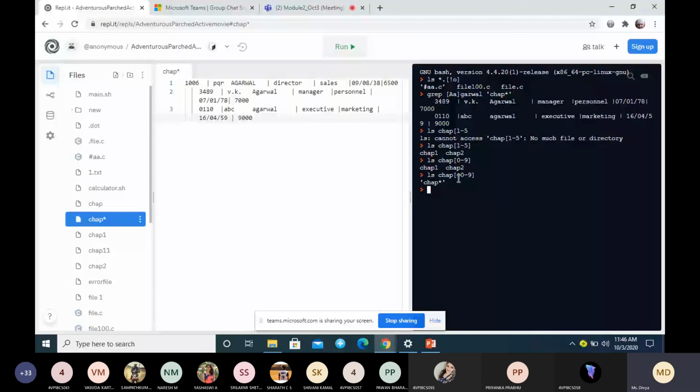It can have any alphabet as the fifth character, or any special characters, because in Unix we are allowed to use special characters. But the fifth character should not be a digit. In my case, I have only one file where the fifth character is star.